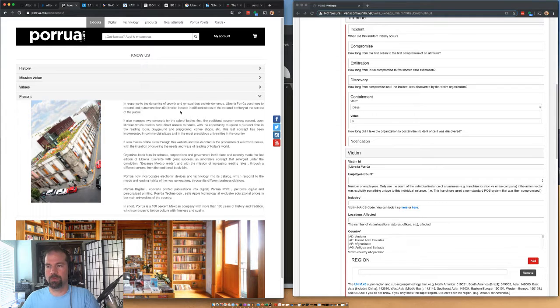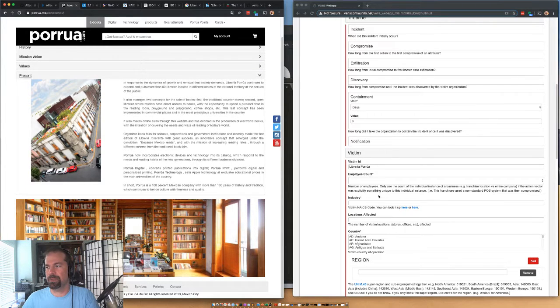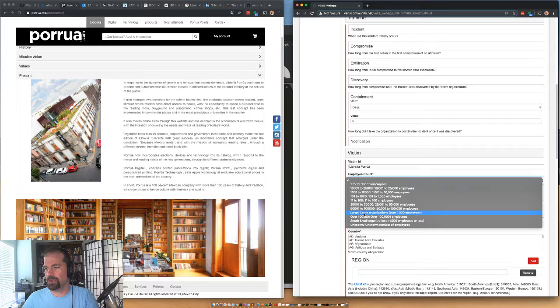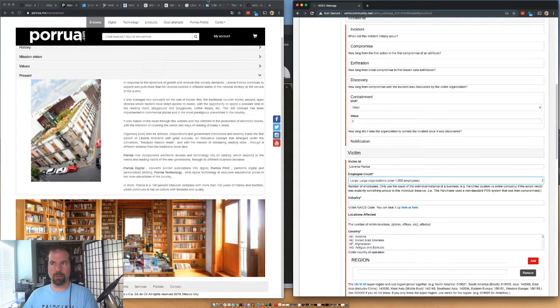Continues to expand and put more than 60 libraries located in different states at the service of the public. Also manages 2 concepts for the sale of books. First is the traditional bookstores. I'm going to mark this as a large company without any additional data, because I don't think we really have a whole lot of details.